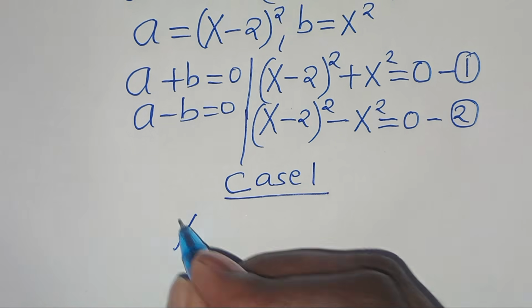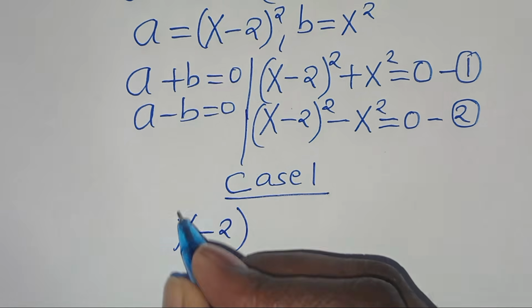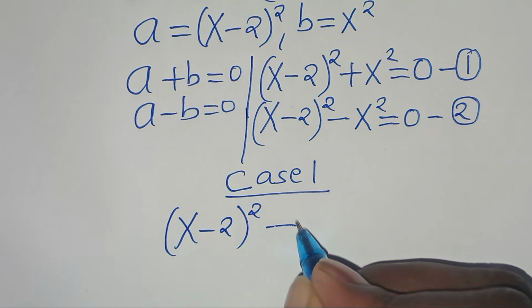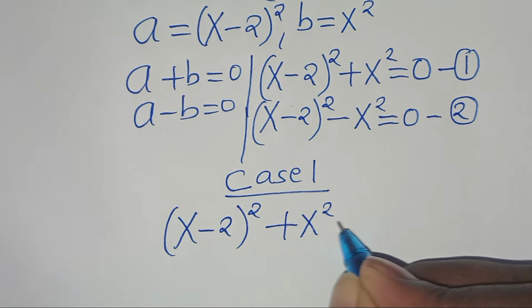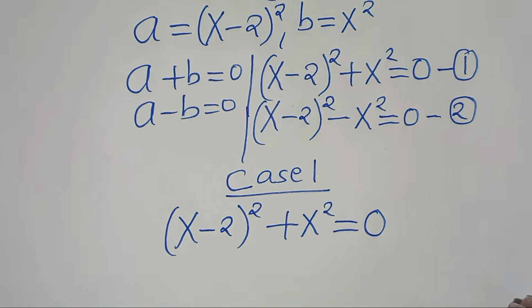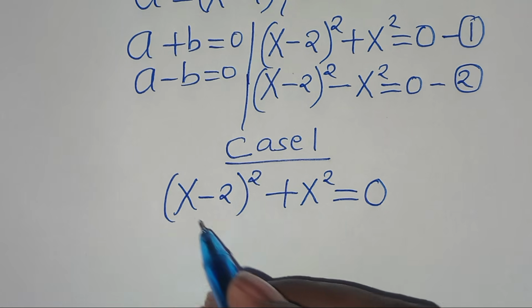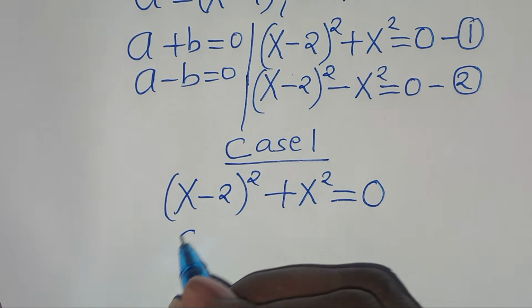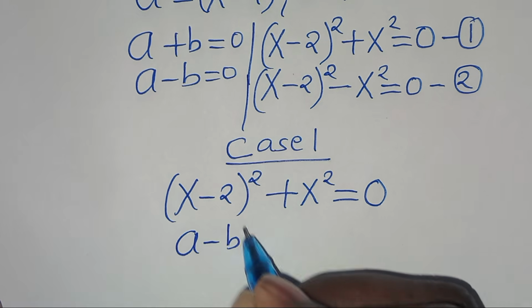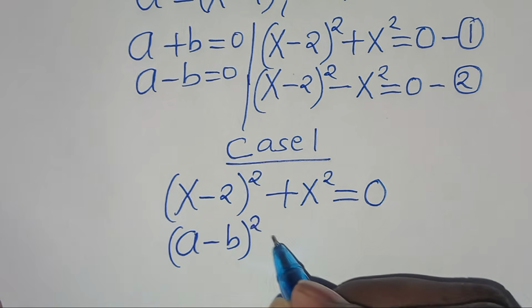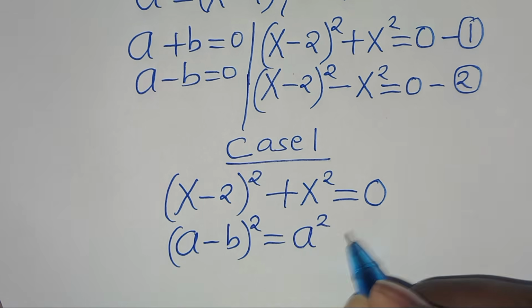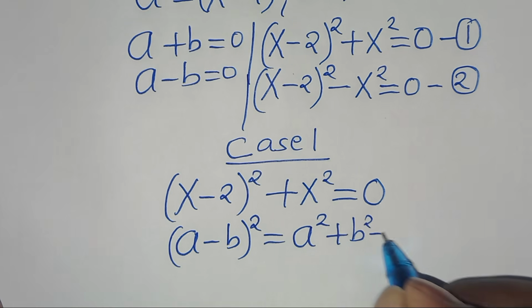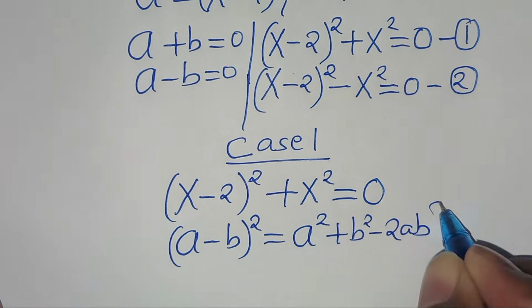So this is (x - 2)^2 + x^2 equal to 0. (x - 2)^2 is in the form of (a - b)^2, which we can express as a squared plus b squared subtract 2ab.